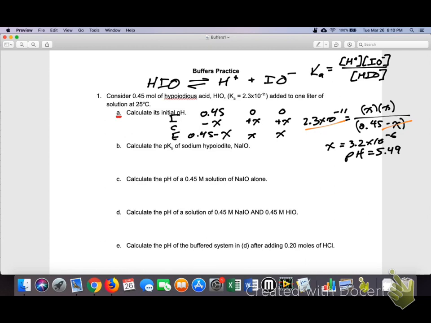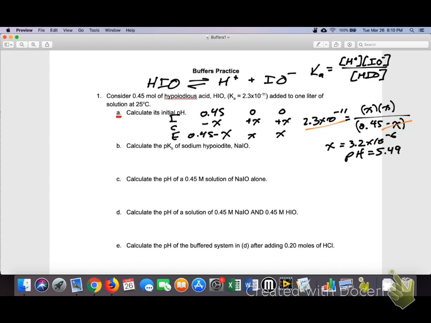Now again, what did it form when it dissociated? It formed a conjugate base, which is the hypoiodite ion. And so when I take sodium hypoiodite in question B, I can say that that will break down into sodium ions and hypoiodite ions.